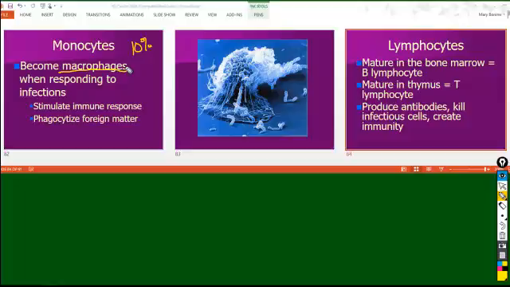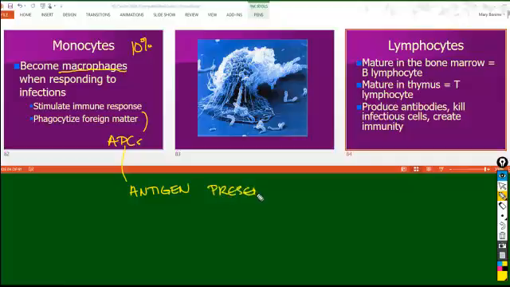So when they come in contact with foreign matter, they transform from just these kind of survey cells into these microbe engulfing, destroying cells. And they do two things. They stimulate other cells. They're what we call antigen presenting cells, APCs.